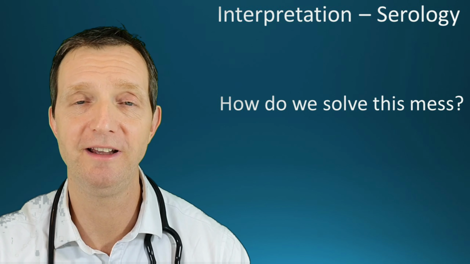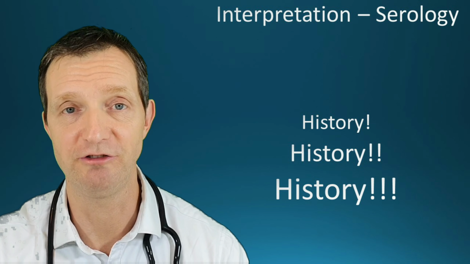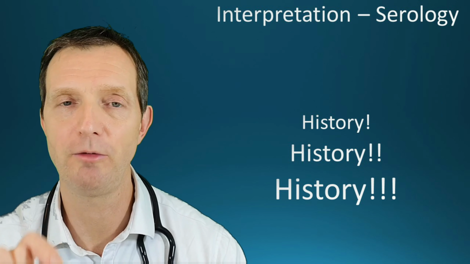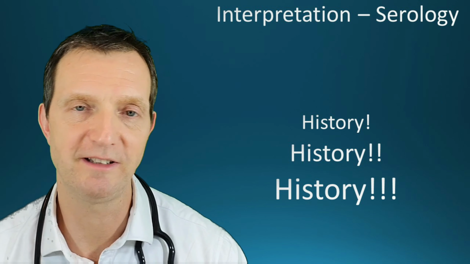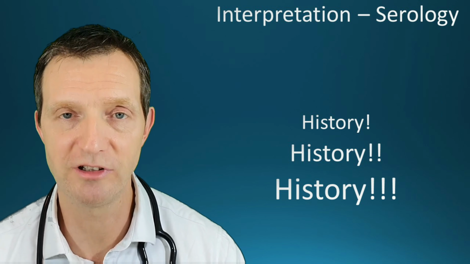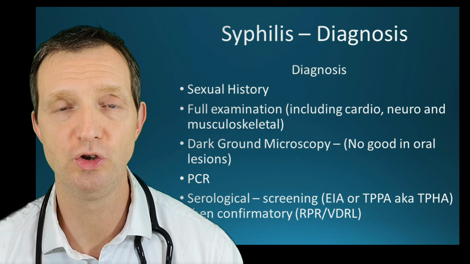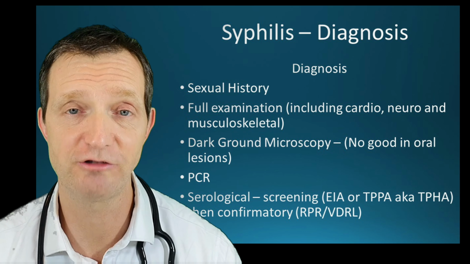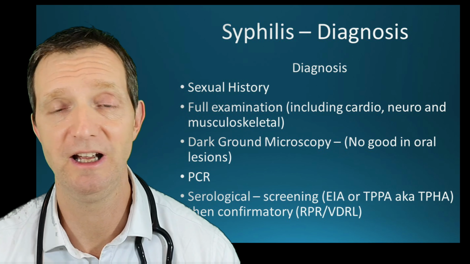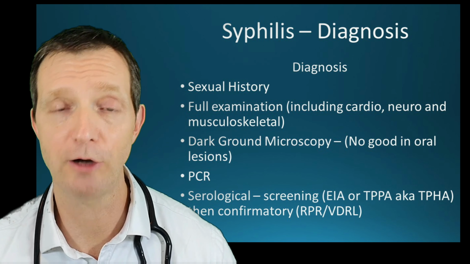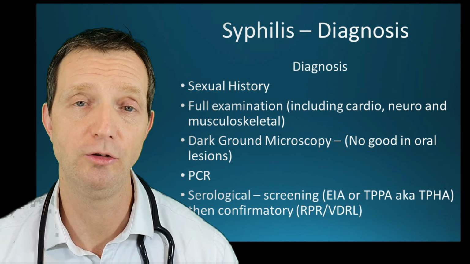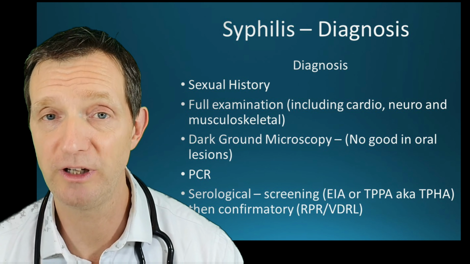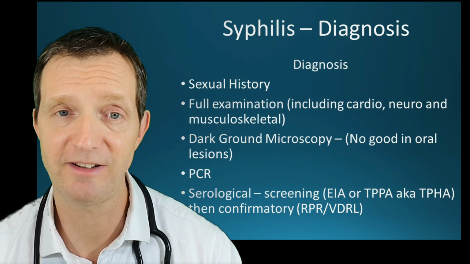Well, the most important thing is the history. I cannot stress how important it is. Most syphilis tests are actually uninterpretable without a good history from the patient, and that should include infectious disease history, travel history, especially if they've travelled from the equatorial regions of the planet to the northern or southern hemisphere, and a sexual history and how many sexual partners they've had.